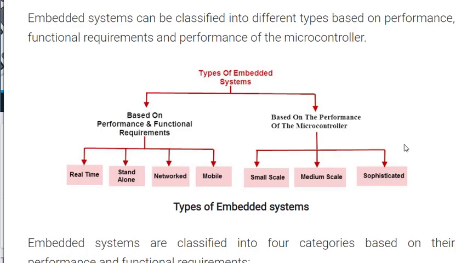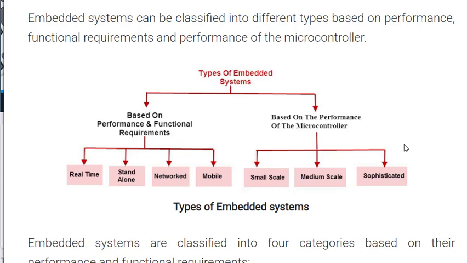Now, the next part are the types of embedded systems, which can be classified into different types based on performance, functional requirements, and the performance of the microcontroller. As you can see here on the figure, the embedded systems are classified into 4 categories based on their performance and functional requirements. The first one is standalone embedded systems.